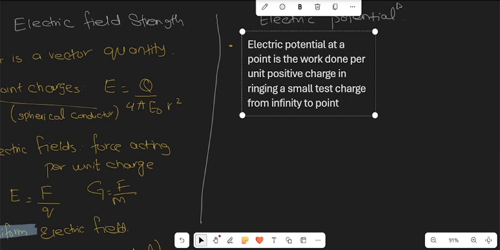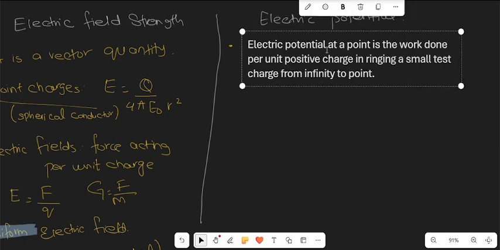So if you remember the definition from gravitational potential, that was: gravitational potential at a point is the work done per unit mass in bringing a small test mass. So we're just changing mass to charge.